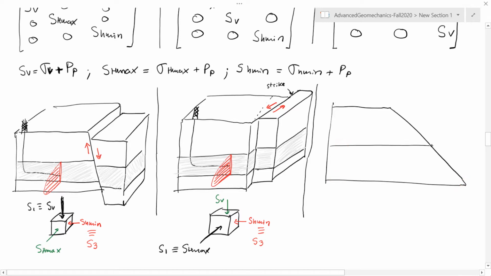Let's say that we have a formation over here, and we're going to add a little bit more of reality to this plot. And okay, this one will be real.